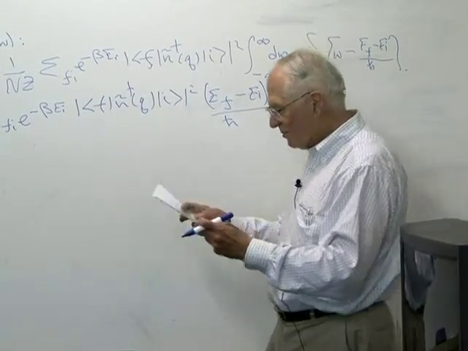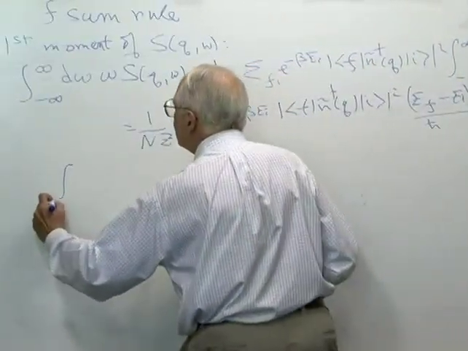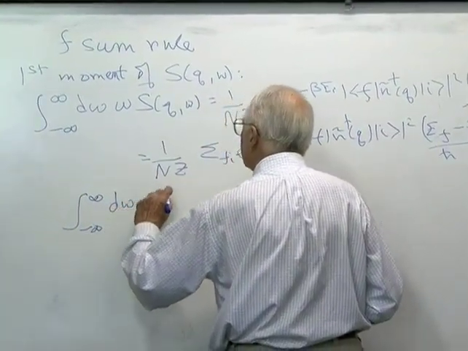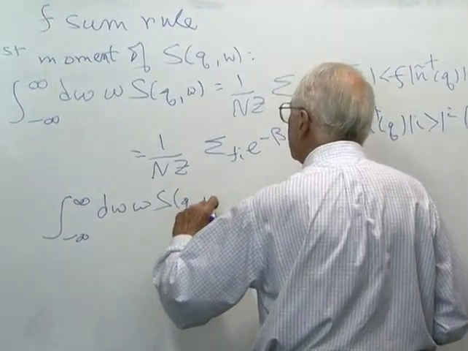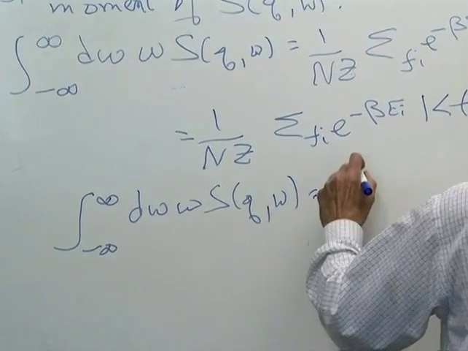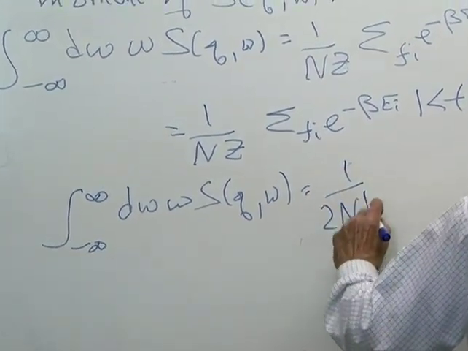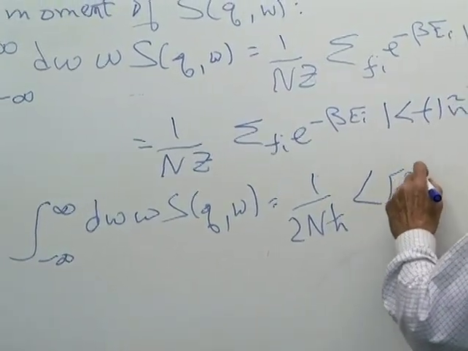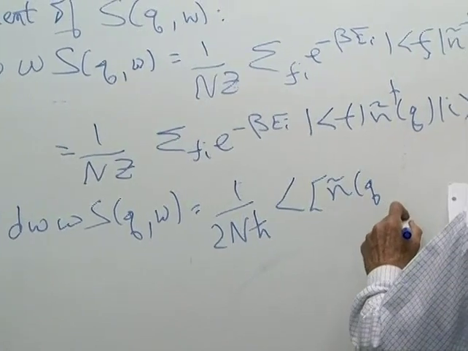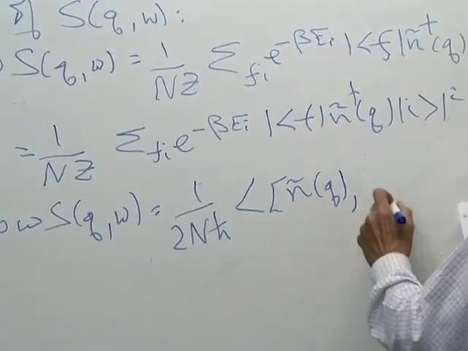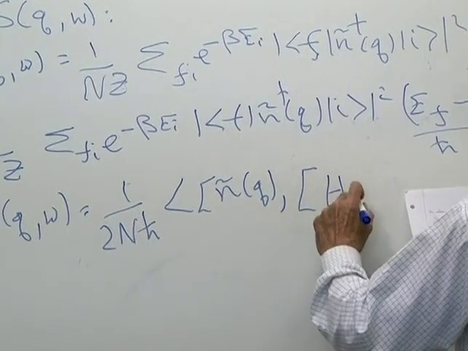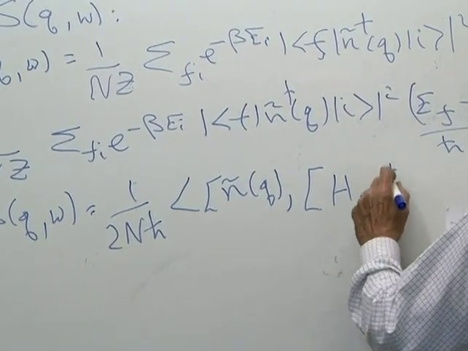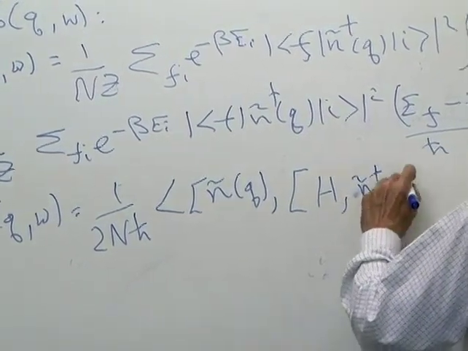And I'm not going to try to prove it, but you can go home and check that the integral minus infinity to plus infinity d omega omega S of q and omega is equal to 1 over 2 n h bar, n tilde of q commutator with the full many-body Hamiltonian commutator with n adjoint tilde of q.